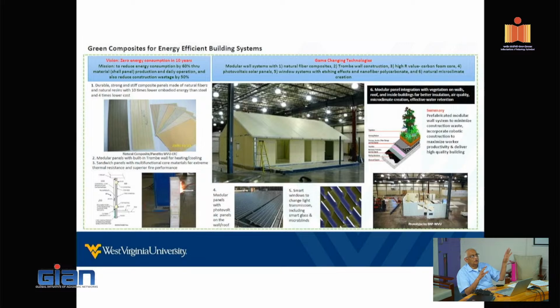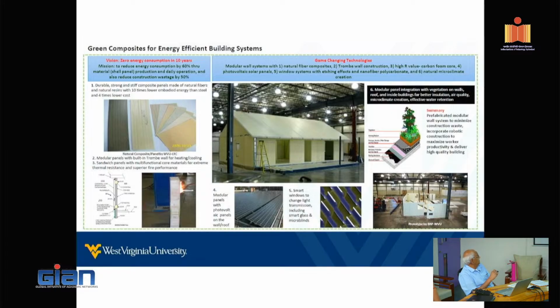Okay, I'm going to talk briefly, breeze through some of the aspects. I won't delve into it. Each issue is a big topic by itself. All right, first one is, you want to have a durable, strong, stiff composite panel made of natural fibers, natural resins with 10 times lower embodied energy. That's the first one.